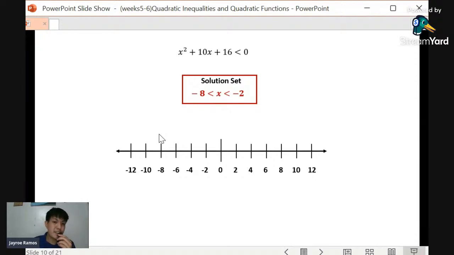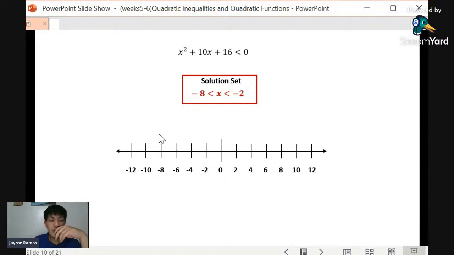Isang graph lang to, hindi katulad nung kanina na may mga dalawa yung ating graphing kasi magkahiwalay yun, di ba? X is less than negative 4 or x is greater than negative 3. Di ba yun yung sagot natin kanina? So dalawa yung graph nun. But this one is different kasi magkadugtong talaga siya, magkakadikit yan.